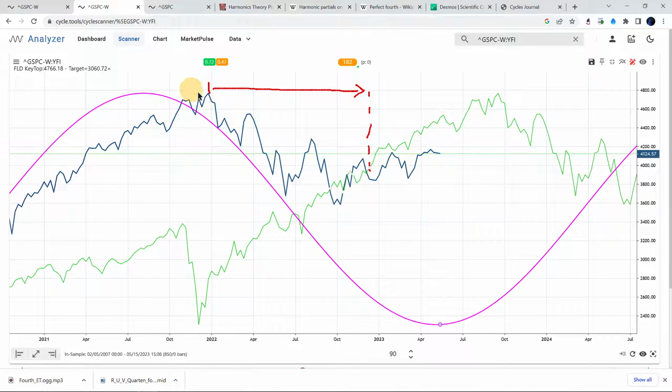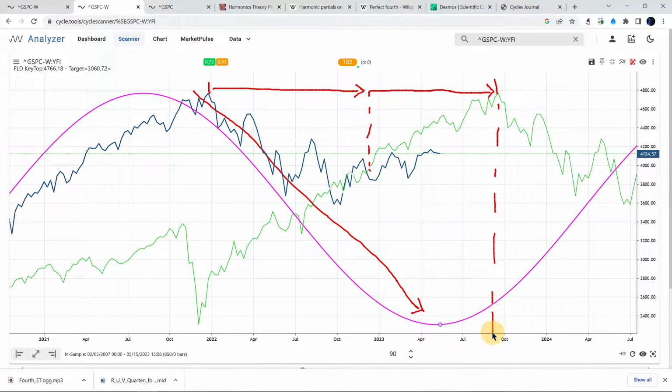And to complete the full downward cycle here, so from top to bottom, from a theoretical cycle, we need to add another 1/4, which is exactly the same length, which will then give us the point in time when the timing low will be expected for this 182-week cycle based on real price movement. So this helps us now to derive the skewness of the cycle, because we never see perfect symmetric cycles.